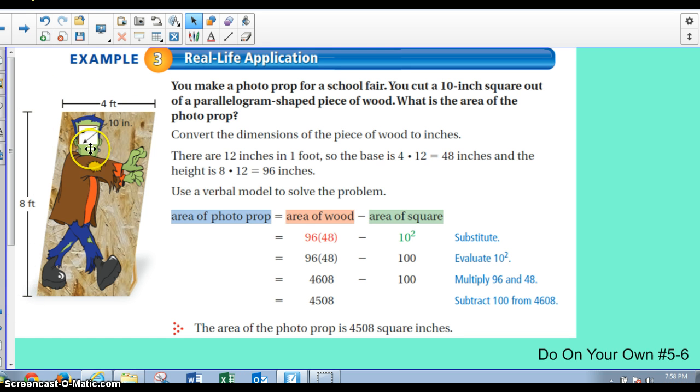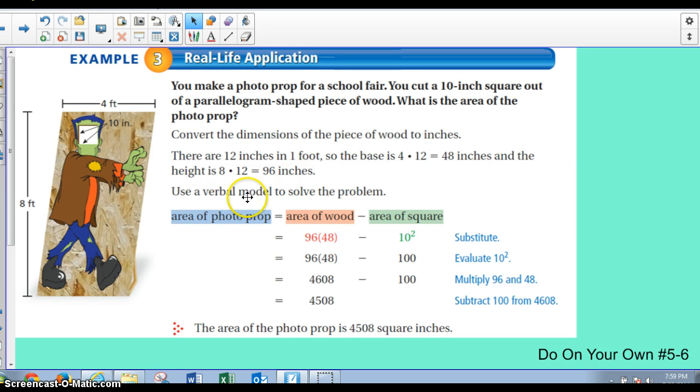You always have to bring it down to the lowest increment of measure, which means that you have to take feet to inches. So the first thing you would do is convert these to inches. There's 12 inches in 1 foot, and the base is 4 feet, so 4 times 12 is 48 inches. And the height is 8 feet, which means it's 8 times 12 inches, and it comes up to 96 inches.